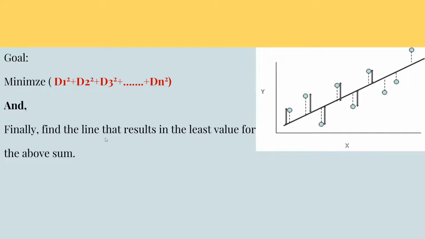And if we minimize this sum, we finally get the results in which we have the parameters for our line, our regression model. Now let me tell you something about the significance of these squares. When you look at this data set, when you try to visualize it, you are going to see that sometimes the predicted values are smaller than the observed values, and sometimes the predicted values are higher up on the y-axis than the observed values.